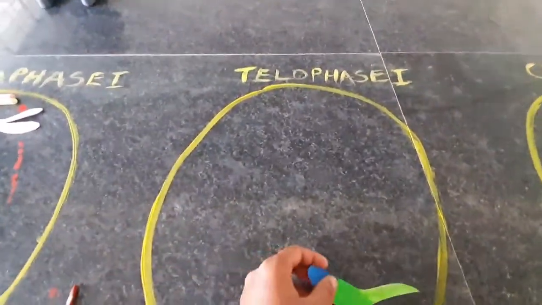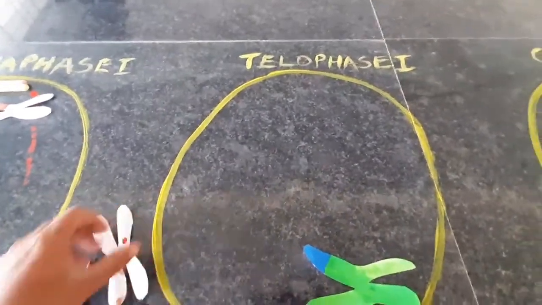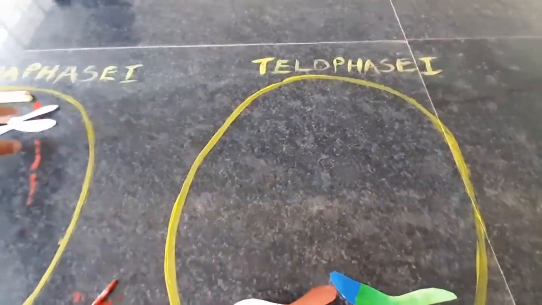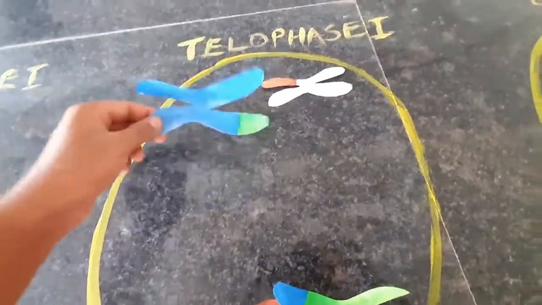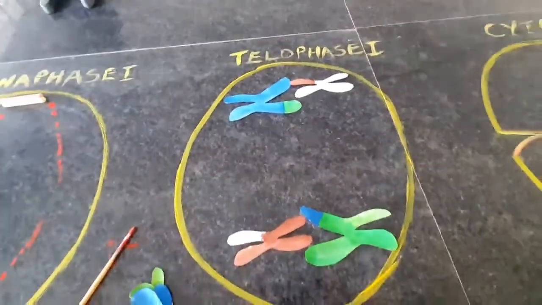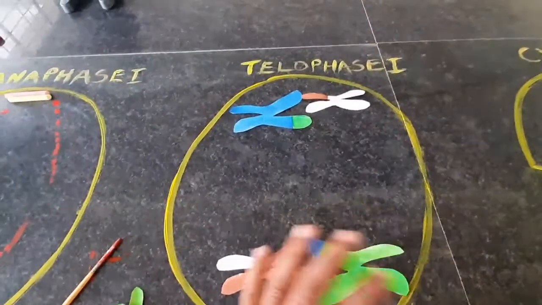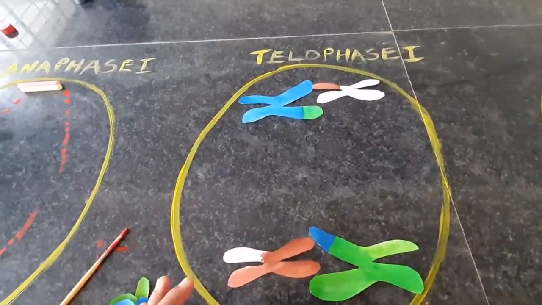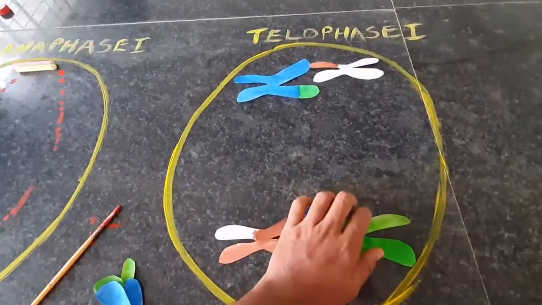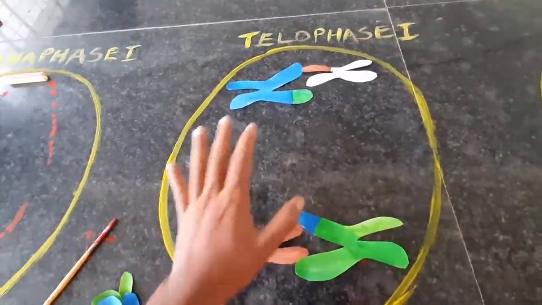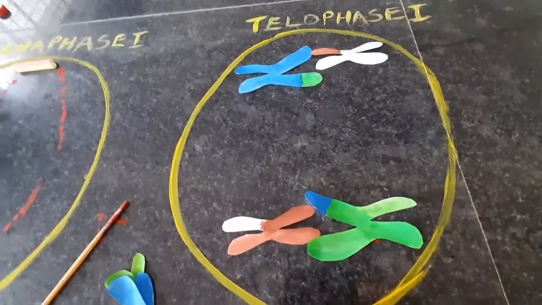Here in telophase, simple and easy. There is no need of explanation for telophase, because you know the telophase of mitosis, the similar process occurs here, opposite to condensation. What is it? Opposite to condensation. Again, you see chromatin formation takes place. You don't see these X-shaped chromosomes.